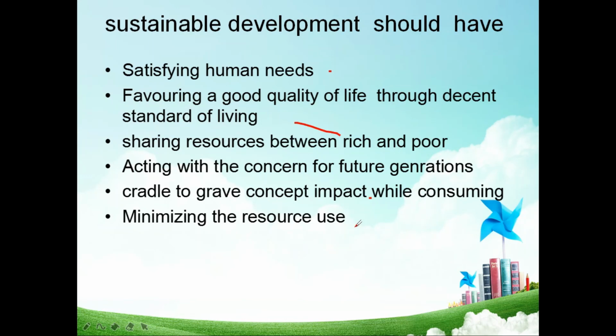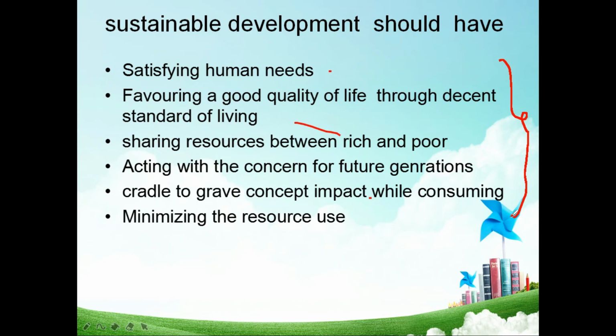And the next important thing is minimizing resource usage. How to minimize resource usage? If you satisfy all those needs and considerations related to the five points that we have stated, satisfying human needs first, that is required. Is it understandable? Okay. Next, I need to have proper home, food, and shelter. Next, I need to lead a good quality of life. Sharing resources between the rich and the poor, accessibility.